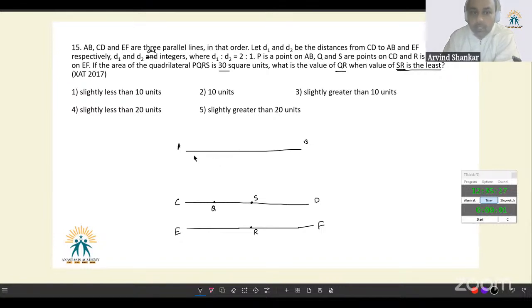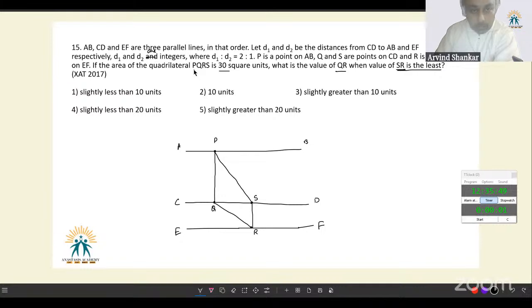There is no condition about P. Everywhere would be fine. But I'm choosing to take it here because it would be easier to visualize and solve. Now, look at this. This is my PQ. This is my QR. This is my SR. And this is my PS.